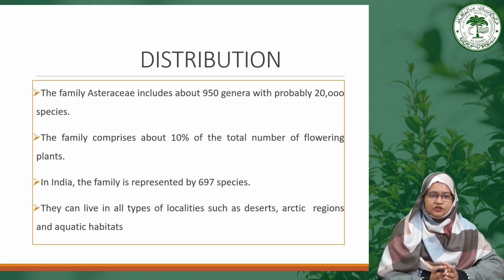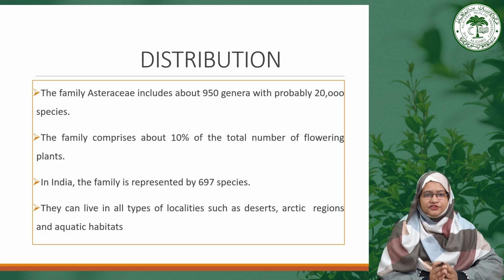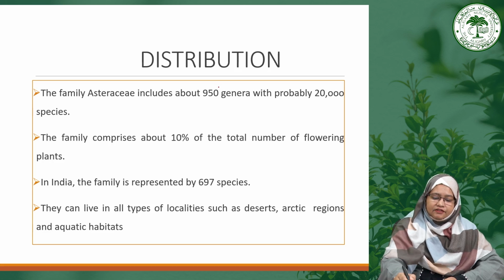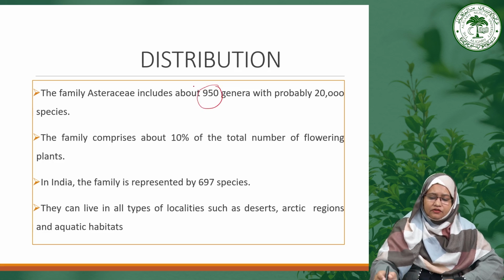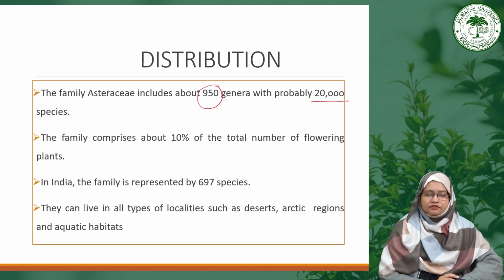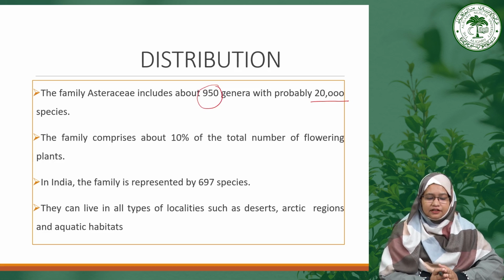If we see the distribution of this family, Asteraceae includes around 950 genera and around 20,000 species. This is the largest family of the dicots.